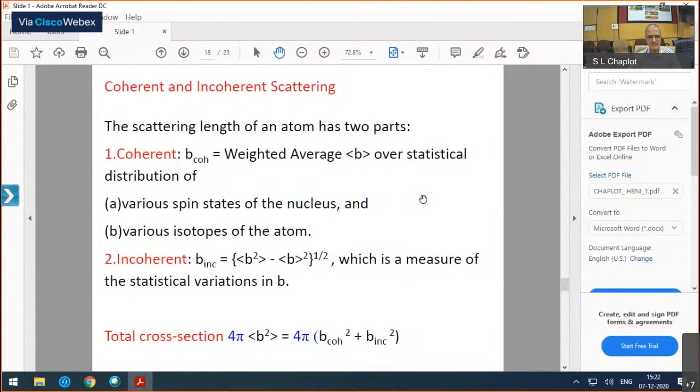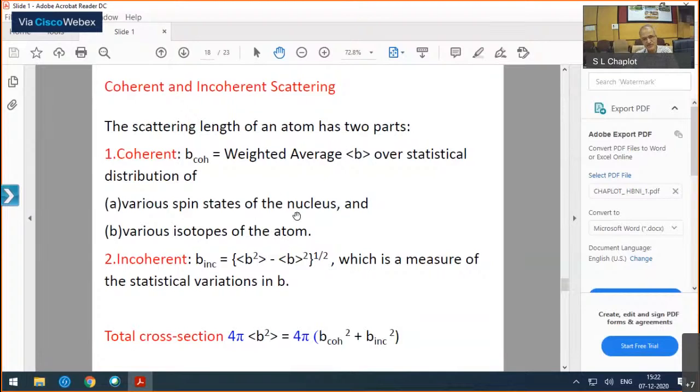In your basics, you would have already learned that there are two kinds of scattering in neutron scattering, what we call coherent and incoherent scattering. That occurs because the individual atoms from which the scattering takes place, the nuclei in particular, have various spin states.